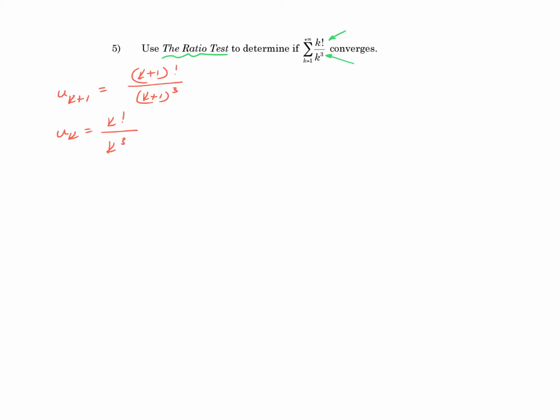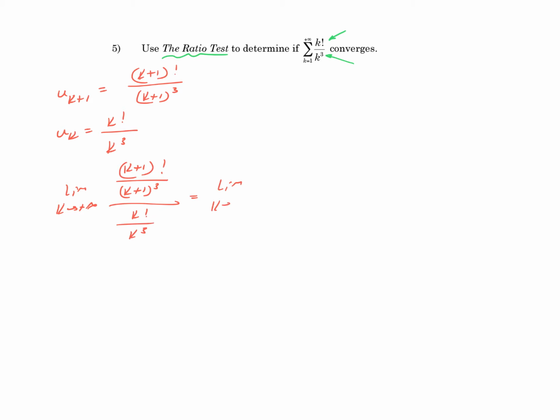The ratio test tells us to take the limit as k goes to positive infinity of the k plus first term over the kth term. Again, I don't know if swapping that would affect the answer, but I'm not going to mess with it. It tells us to put the k plus first term in the numerator. So let's do that. k plus 1 factorial, k plus 1 quantity cubed all over k factorial k cubed.